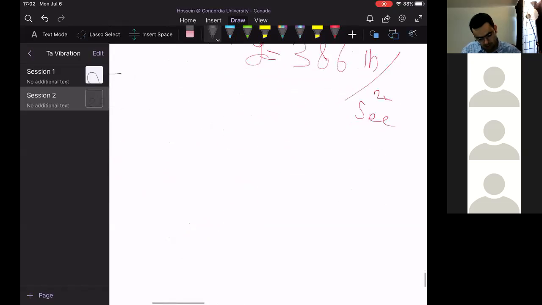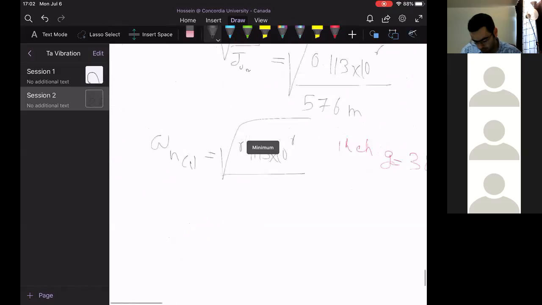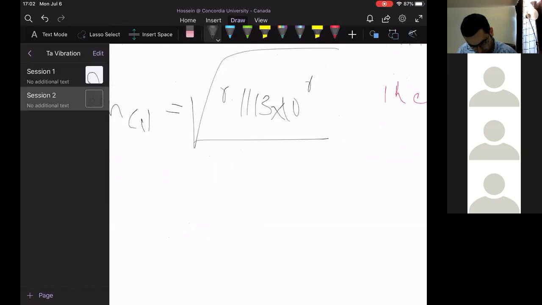Therefore, if you plug in g, mass is W over g, so g will go in the numerator, 368.